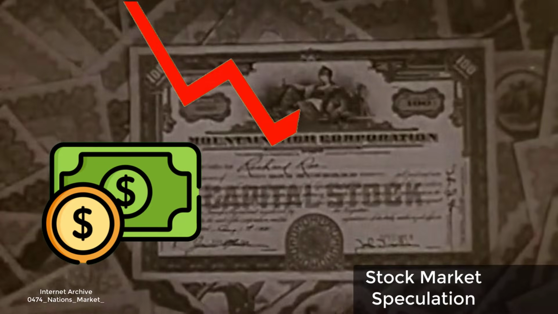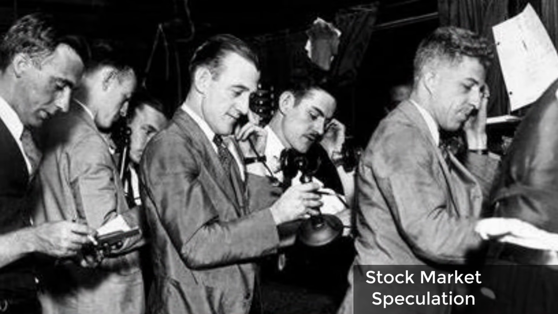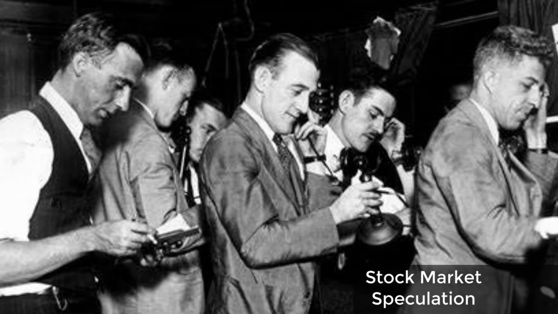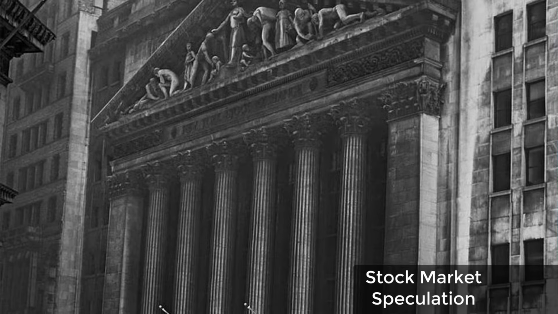Throughout the 1920s, more and more Americans were investing in the stock market as the American economy was booming. Many were purchasing stocks on margin, which meant they were only putting a small amount of money down and then using credit or borrowing money for the remainder of the price of the share. Most of this purchasing was based on speculation, which is a theory or hunch that certain companies were going to do well and make that shareholder money.